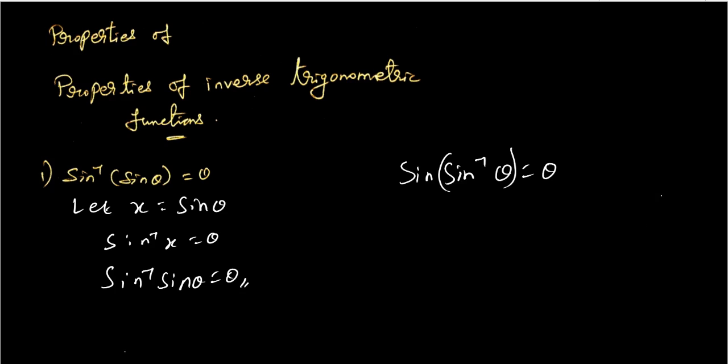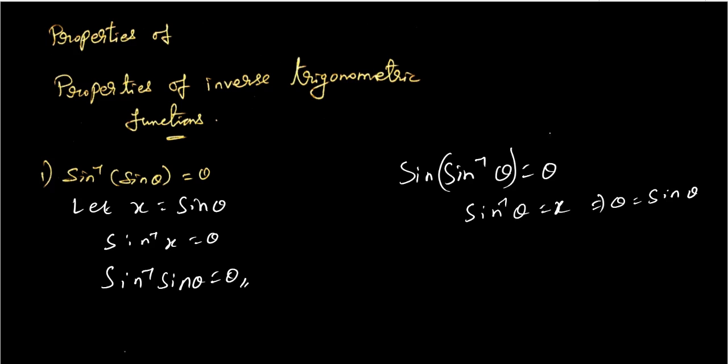Here, let me take sin inverse of theta equal to x. So, sin inverse of theta equal to x, which implies that theta equal to sin x. The sin, if we bring here, theta equal to sin x.